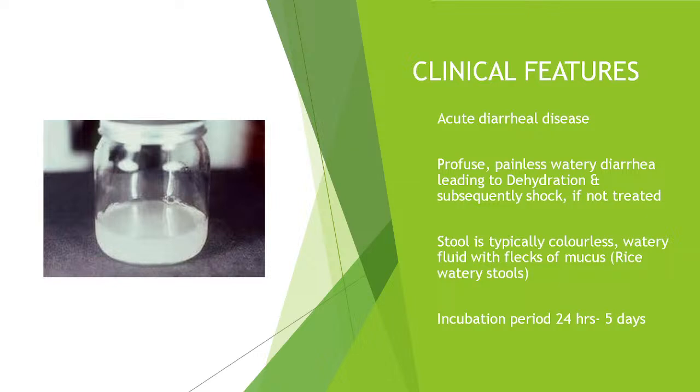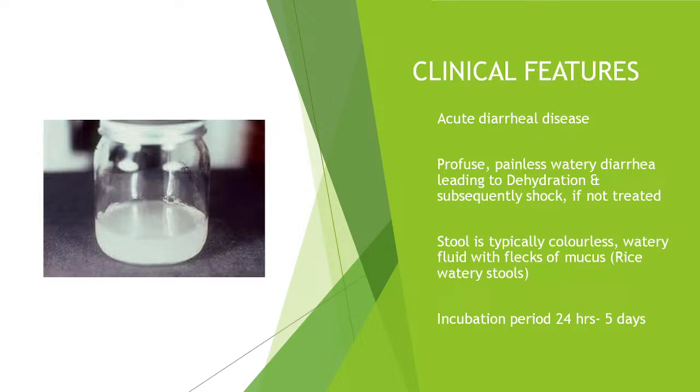Clinical features are, as I have already told you, acute diarrheal illness. Just like this is a typical classical stool, rice water stool. Okay, because it is very osmotic. It usually causes a kind of osmotic diarrhea, where it not osmotic, sorry, secretory diarrhea. Secretory diarrhea because the intestinal epithelial cells get exposed to the toxin, and that toxin causes them to secrete a lot of fluid.